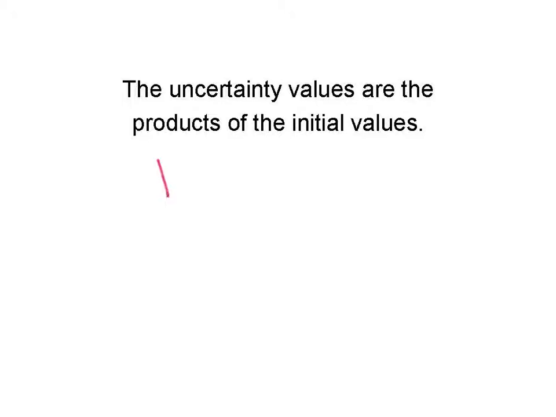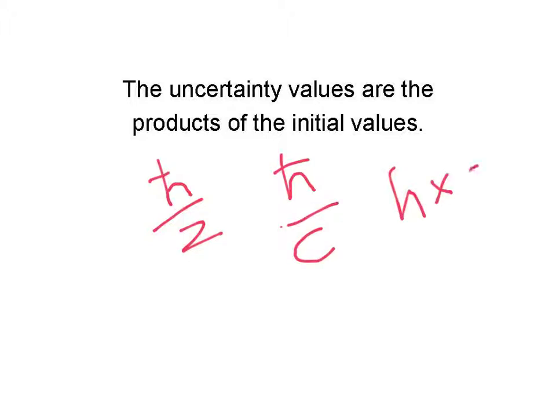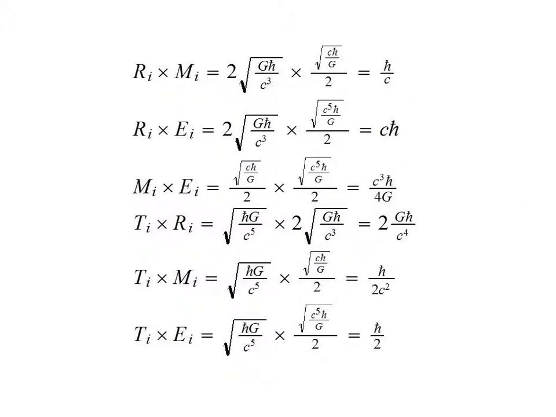The uncertainty values, such as h bar over 2, or h bar over c, or h bar times c, are the products of the initial values. Here we see that if we take initial values, for example at the bottom here, if we multiply the initial time against the initial energy, we get our uncertainty value, h bar over 2.